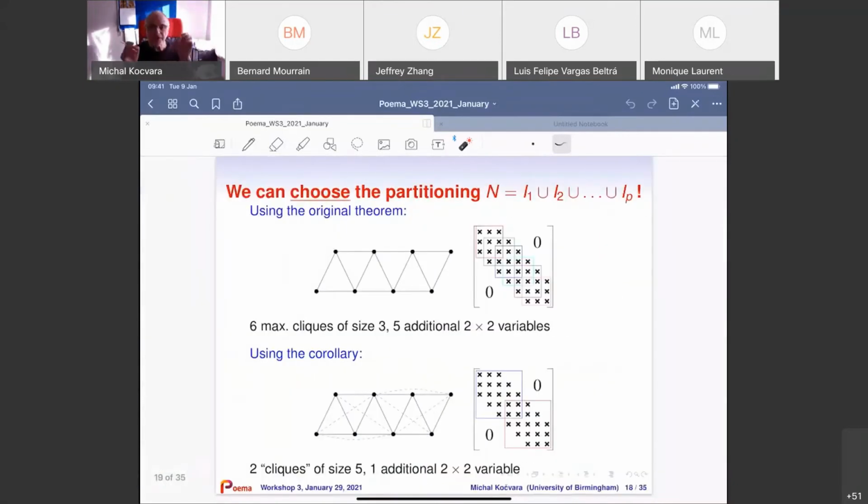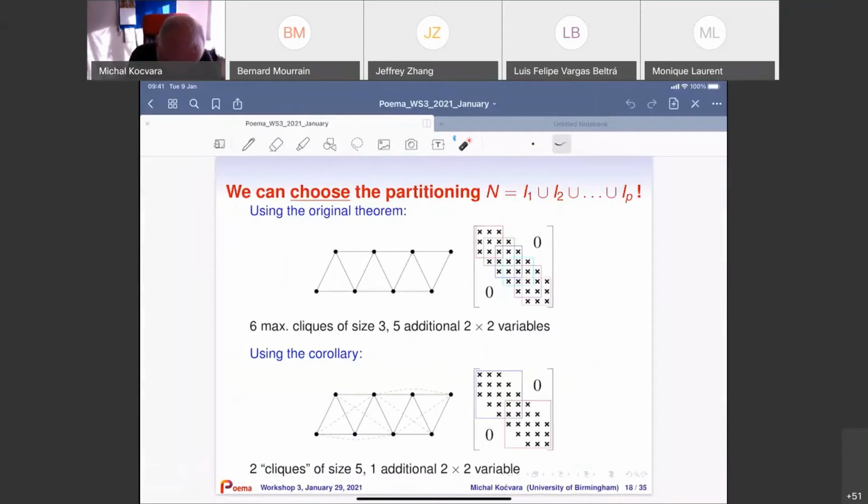Which means now we can choose the partitioning of the set 1 to n. We are not really bounded to the maximal cliques which are used in the original theorem.